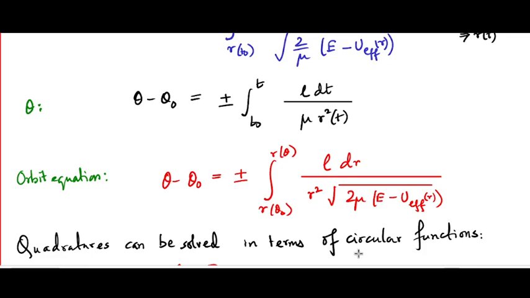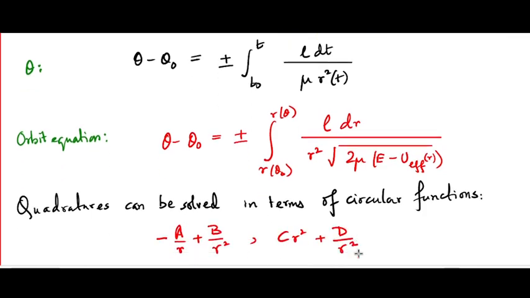If you confine yourselves to circular functions, we found that potentials of the form minus a by r plus b by r square, or c r square plus d by r square, essentially the Kepler potential and the simple harmonic potential augmented by an inverse r square term, had quadratures which could be evaluated in terms of circular functions, sines, cosines and things like that.